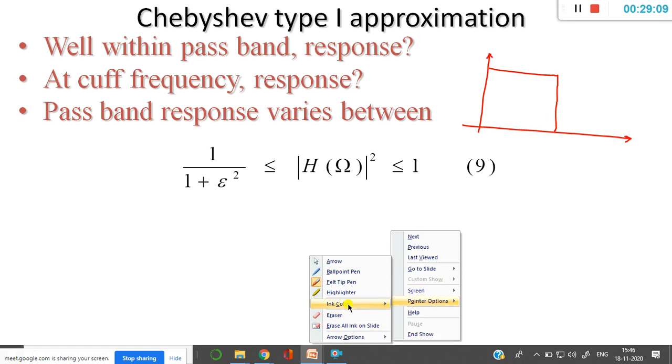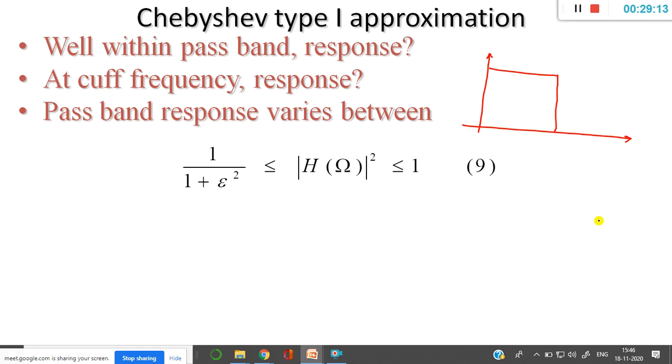But one of the very important points in this particular problem is that in the passband and in the stopband, I'm going to get small ripples, and then a sharp edge is going to be obtained, and this is how the frequency response falls as omega reaches the cutoff frequency.